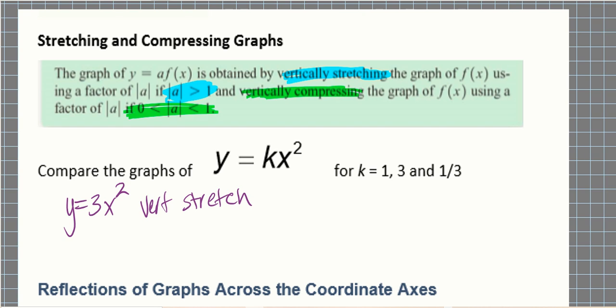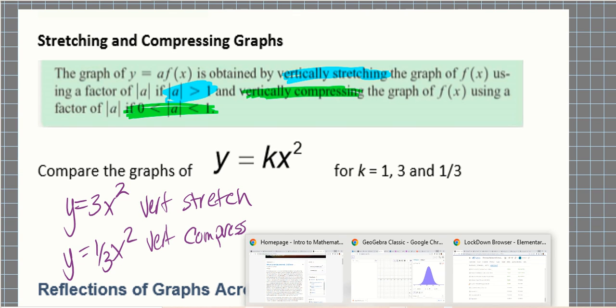When I have y equals 1/3 x squared, that means the number is between 0 and 1, and that is going to be a vertical compression.